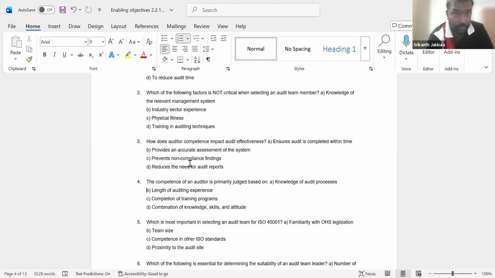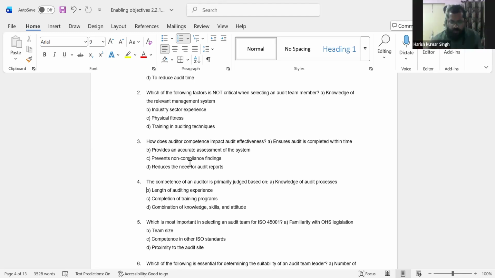Is attitude also important, sir? Yeah, see, if you go on fighting with auditees, will you reach any conclusion? No. So ISO 19011 clause 7.2.2 itself says personal behavior. 19011 is the standard.